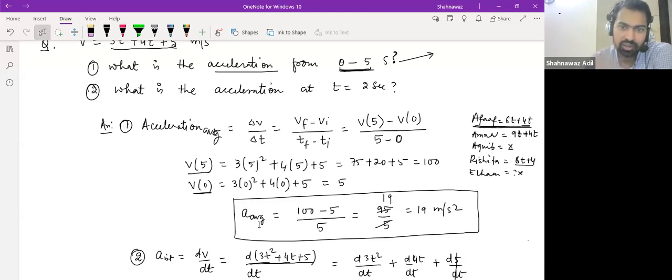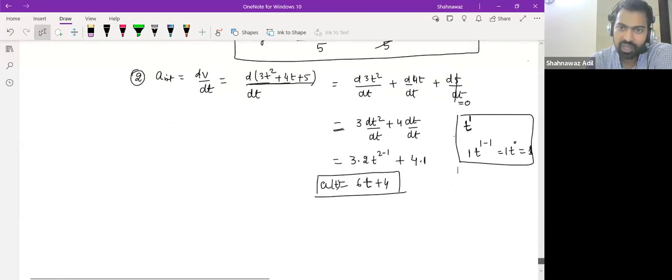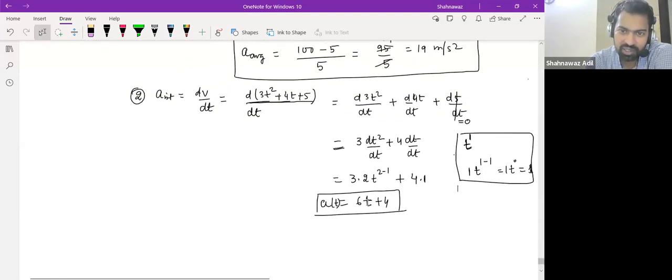Yes, sir. Okay. And now we want to calculate the acceleration at t equals 2 seconds. So this would be how much? We have calculated the acceleration for t seconds. So what is the value of t given in the question?